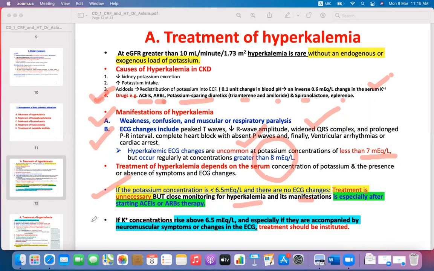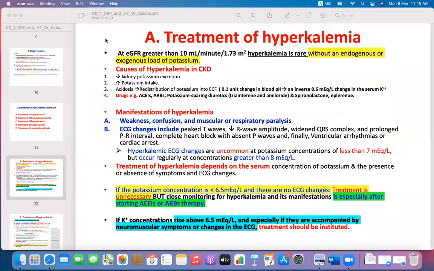And that's why if the potassium concentration is above 6.5 milliequivalent per liter, with neuromuscular symptoms and changes in ECG, treatment should be instituted. And in our case, the potassium concentration is more than 6.5 milliequivalent per liter. So we need the treatment. What is the treatment?